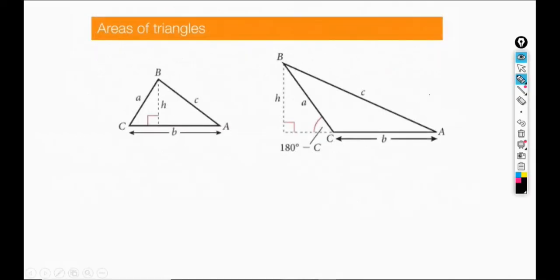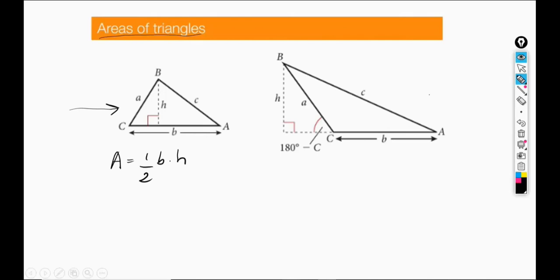Very well, so the next slide is about areas of triangles, and I'm going to show you how an interesting formula is derived. So let's look at this acute triangle here to the left. We know that the area of a triangle is equal to 1/2 base times height. But if we draw a height in an acute triangle, notice that it forms two right triangles.